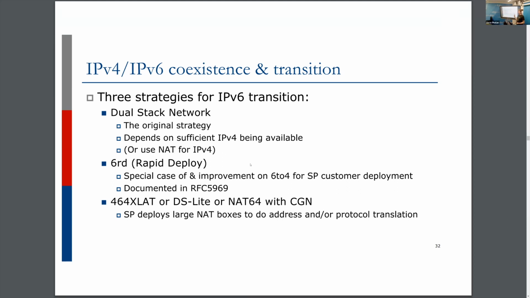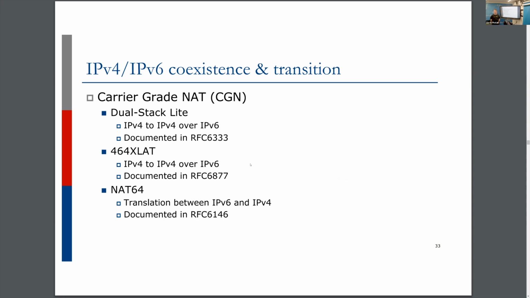But in most campus enterprises, these have no place. I'll explain why as we get through them. So CGN or large scale NAT, again, if you're a big enough entity, you could do your own large scale NAT. All of these come under some sort of NATing technology.